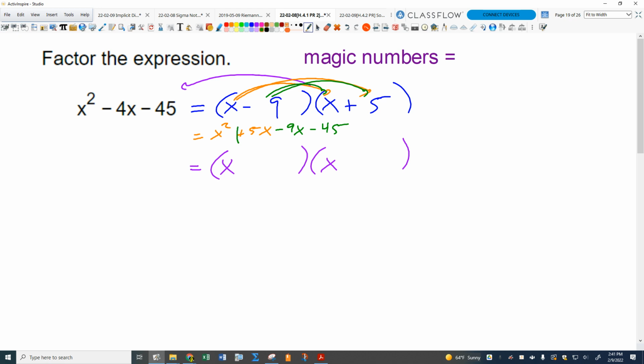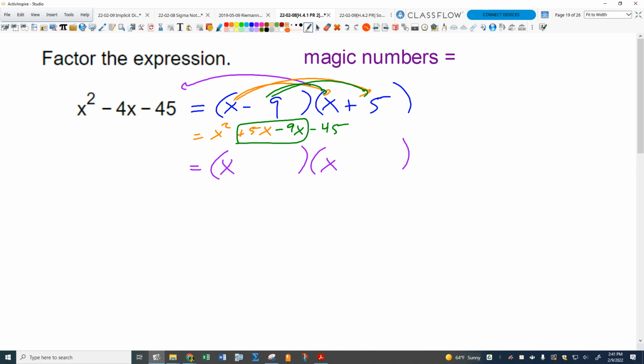It was the terms in the middle, the O and the I in the FOIL, right? The ones where I had two terms that had an x in each one. Those I had to add the like terms to figure out I was going to get a negative 4x for my middle term, right? Sometimes we call that the cross term.